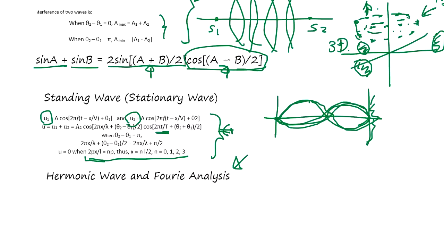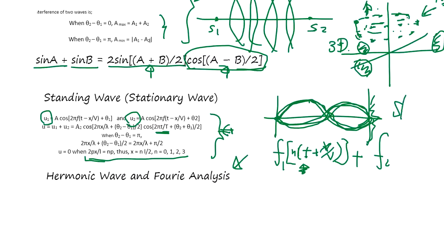There is a condition in the equation where the time variant portion is going to disappear if you add two different frames. And when it happens, it looks like the wave is standing stationary.